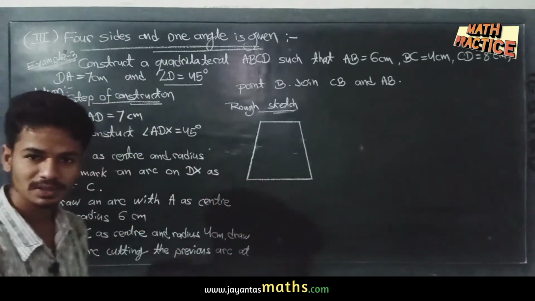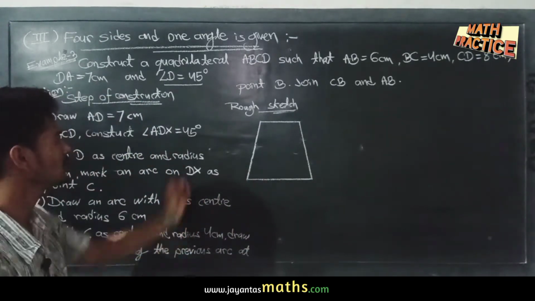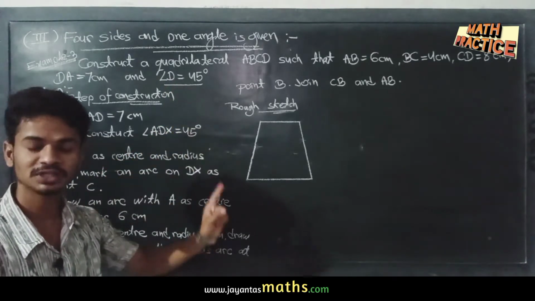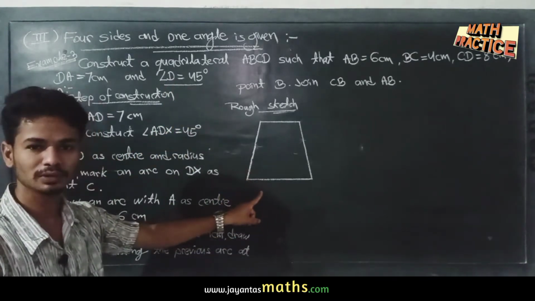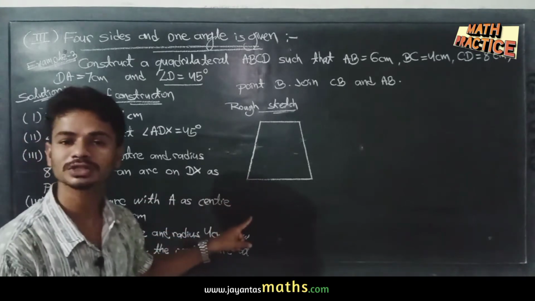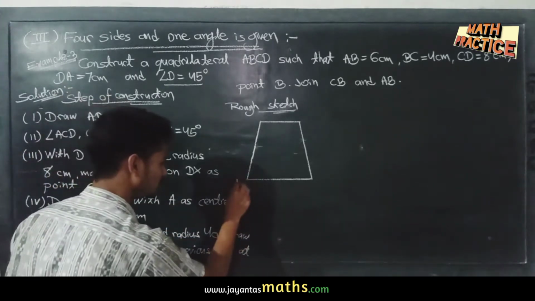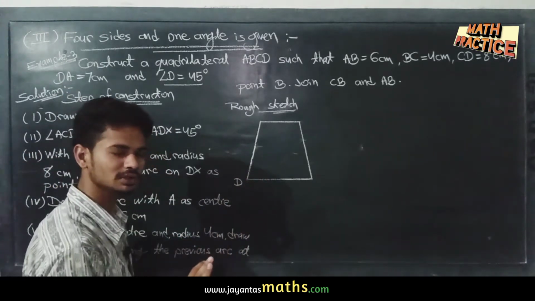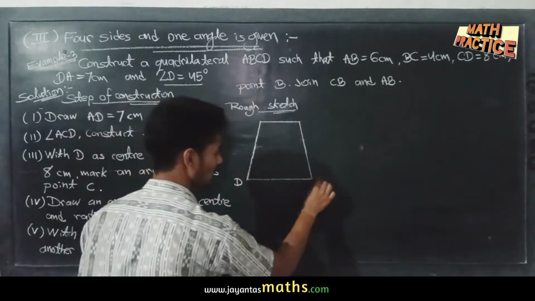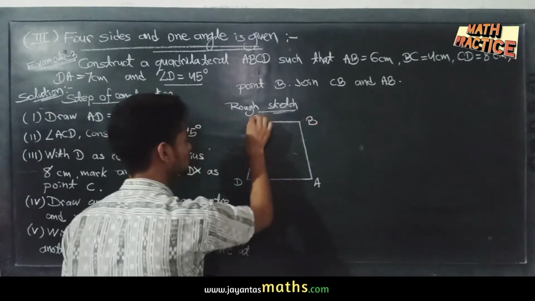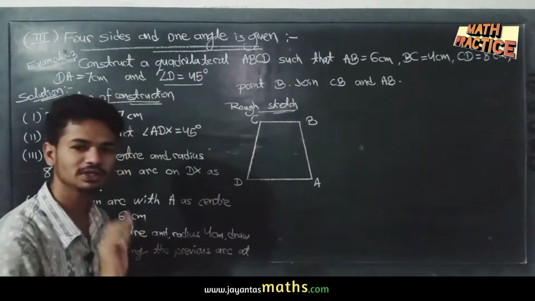This is the quadrilateral, but always remember the given angle is placed on the lower side. Here I put the angle D, which is 45 degrees. Then A, B, C, D. Here is the quadrilateral ABCD.